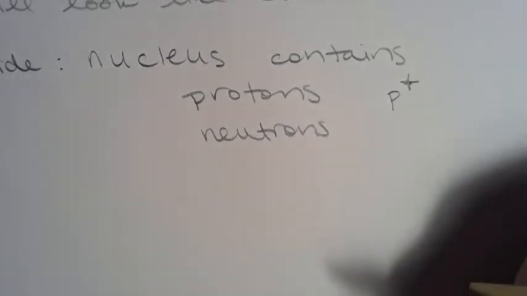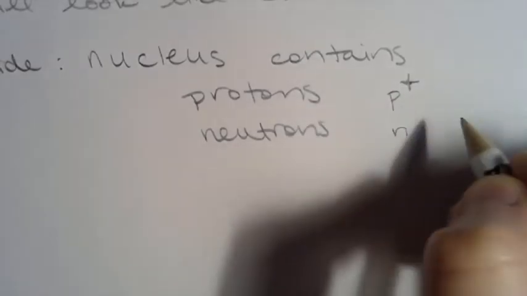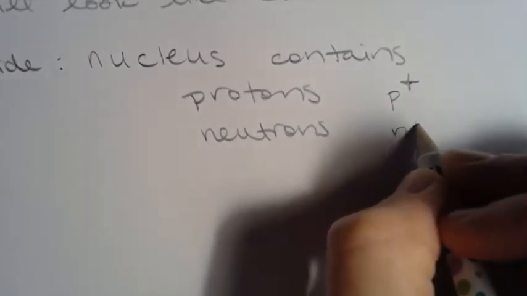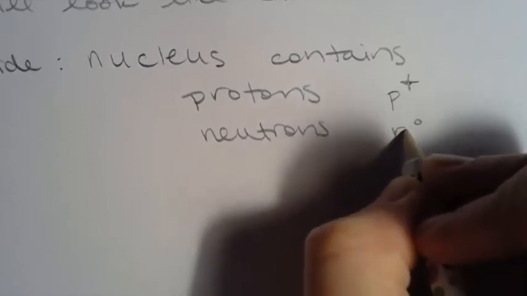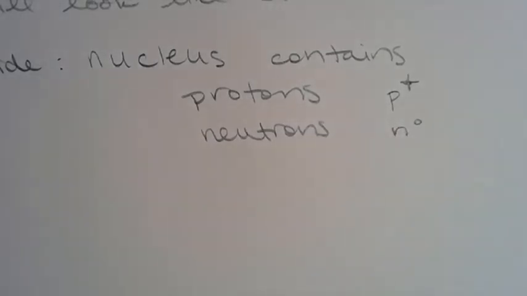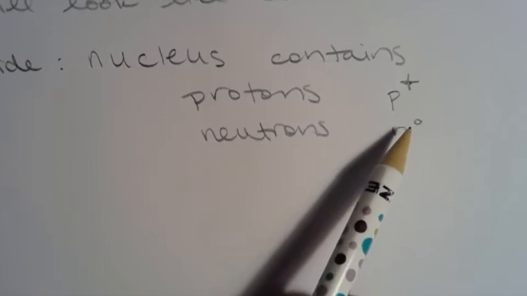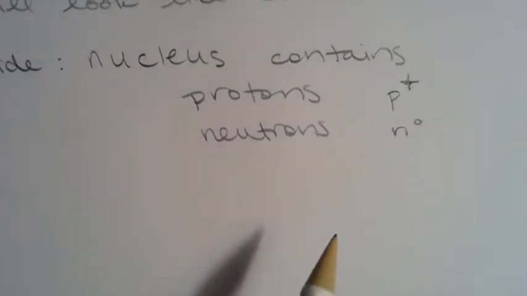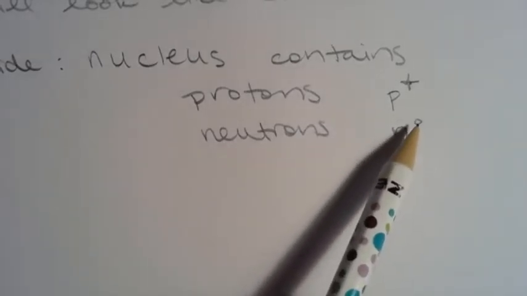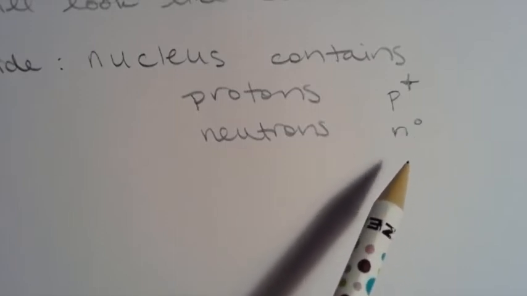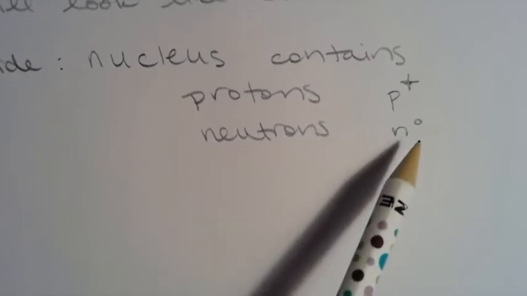Neutrons are neutral, so we will give them the symbol N with a little 0. That just means the neutron has a charge of nothing: no positive, no negative. Neutrons are neutral, they have no charge. Oh, I just noticed that a neutron with 0 charge kind of looks like "no." Neutrons have no charge. Great.